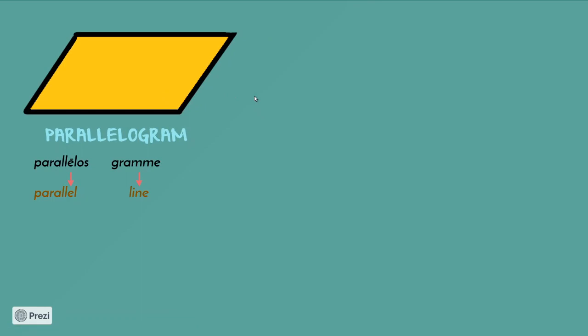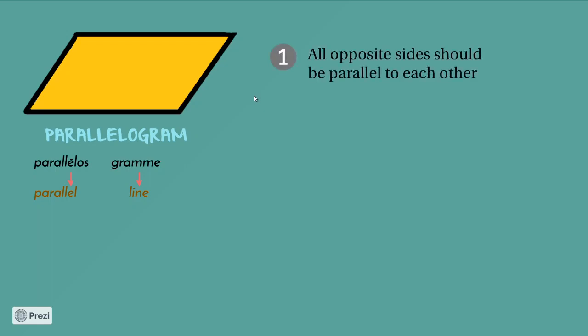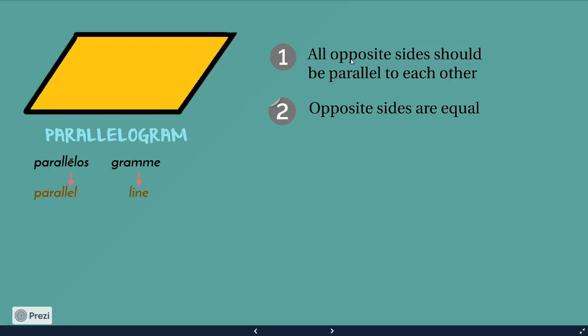Okay, so what makes a quadrilateral a parallelogram? Number one, all opposite sides should be parallel to each other. In a trapezium, any two opposite sides have to be parallel, but in a parallelogram, all opposite sides have to be parallel, and opposite sides are equal. But that is automatic. If all opposite sides are parallel, then the opposite sides will naturally be equal.